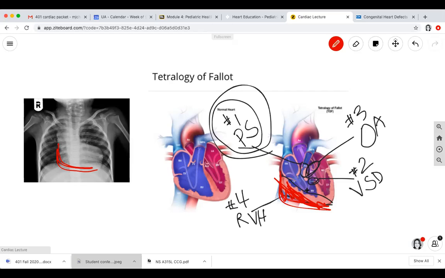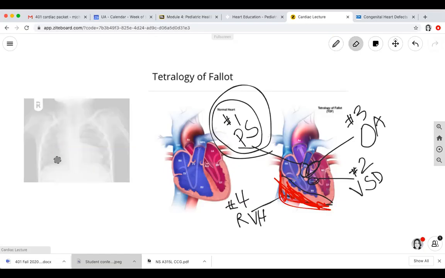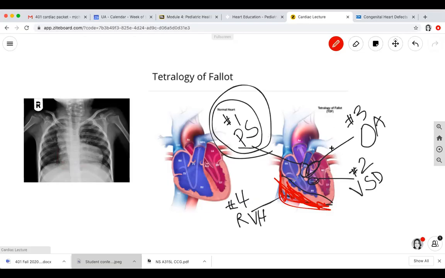For number 5, what is a TET spell and what causes it? We kind of touched on that already. You have some situation where a baby has an increased metabolic demand and increased oxygen demand. The baby starts to cry and get upset.